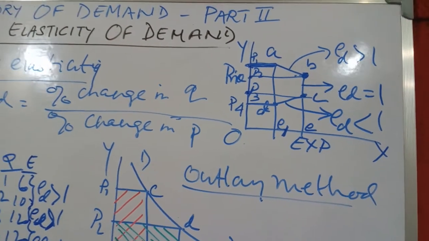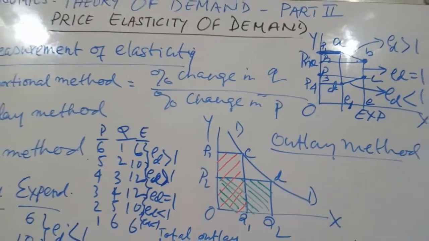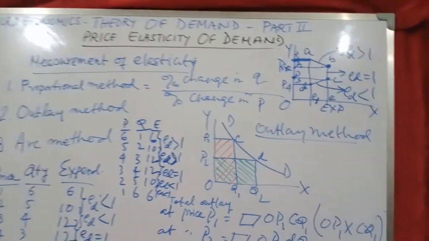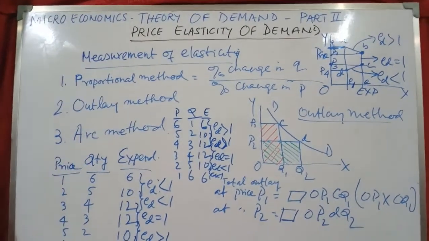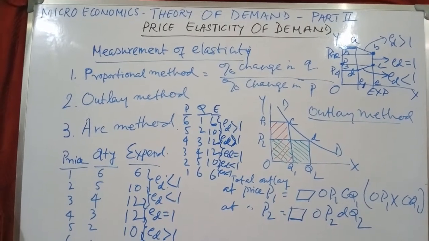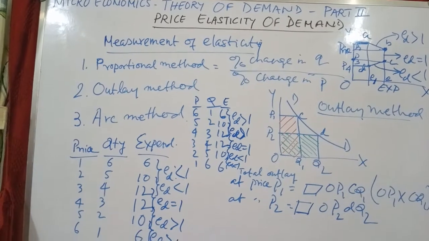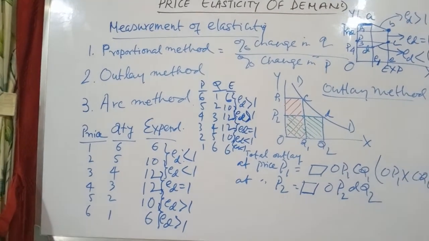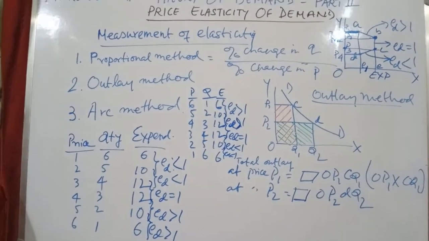We are discussing outlay method. Outlay method states that when price falls, if the expenditure increases, then elasticity is more than 1.